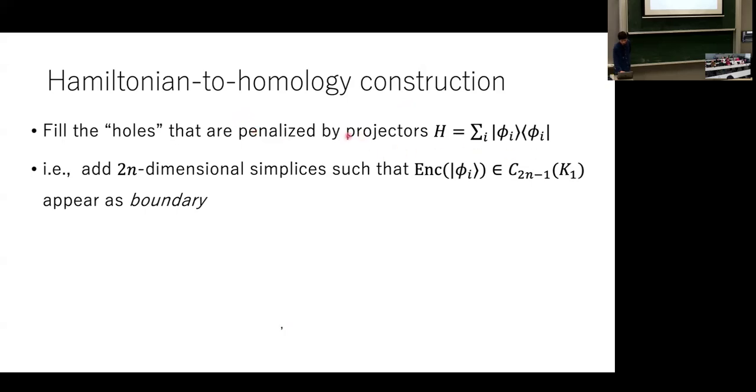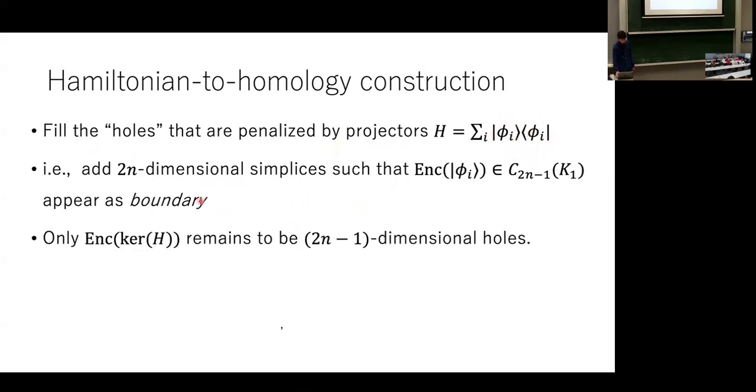We want to fill the holes that correspond to the space penalized by those projectors. This means I want to add higher dimensional objects such that their boundary corresponds to the encoding of these penalized states. Then only the encodings of the kernel of these projectors remain as holes.